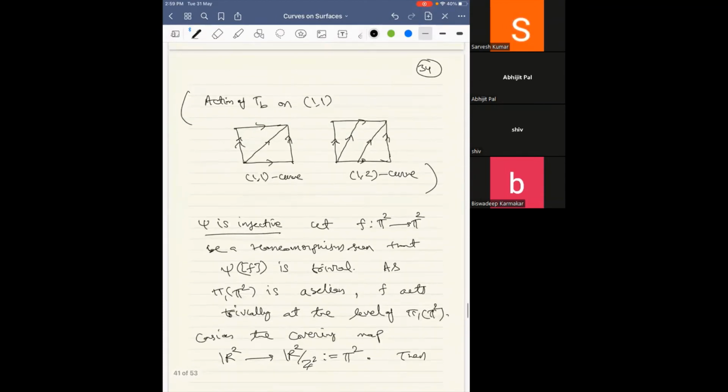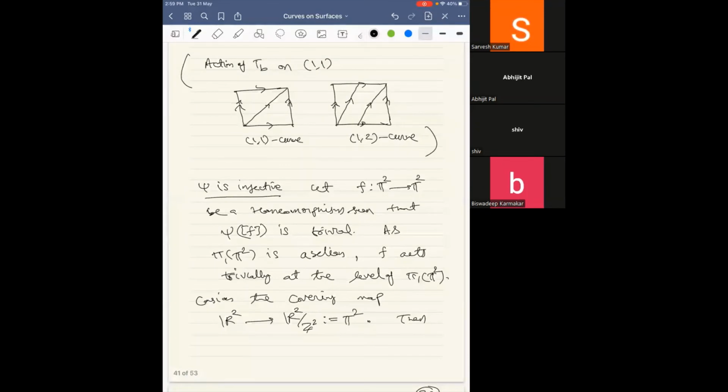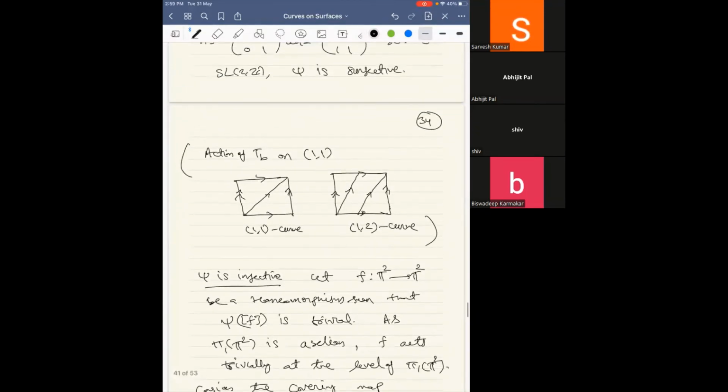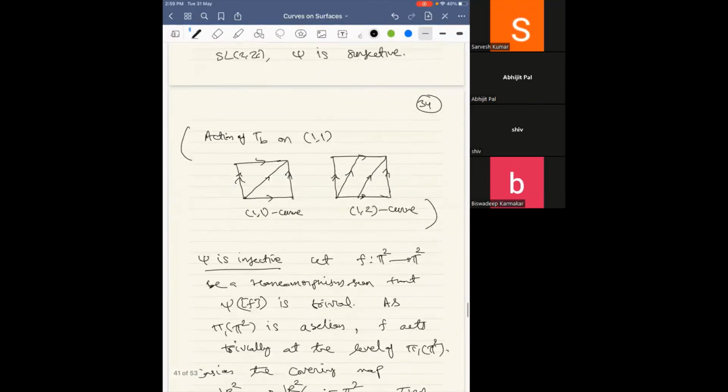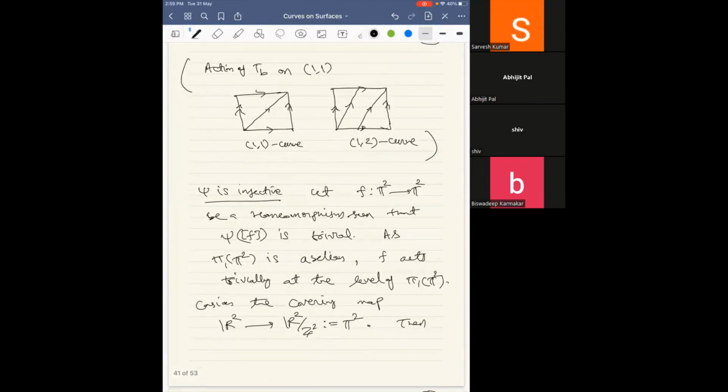Okay, so let's see how this map is injective. For injectivity, you start with a representative map in the mapping class group of the torus. Let F be a homeomorphism such that its symplectic image is trivial, so psi of the equivalence class of F in Mod(T^2) is trivial.